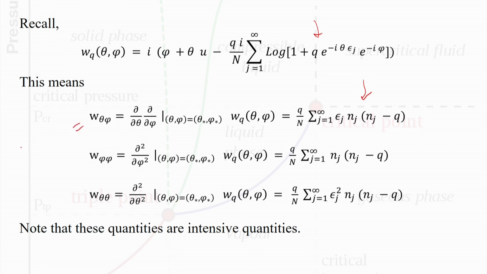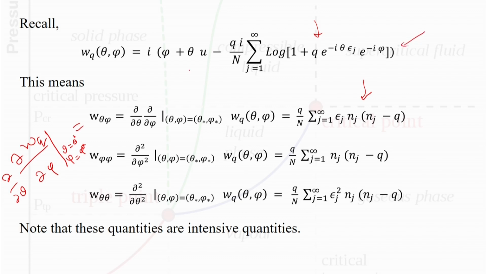This means take W and differentiate once with respect to phi, then again once with respect to theta, and then you put phi equals phi star and theta equals theta star. Similarly here, you differentiate with respect to phi twice, and you put phi equals phi star and theta equals theta star. When you do all that, it's a little bit tedious, but it can be done.